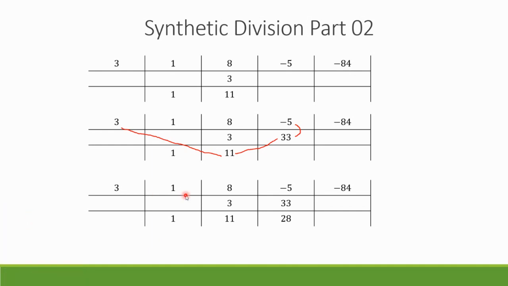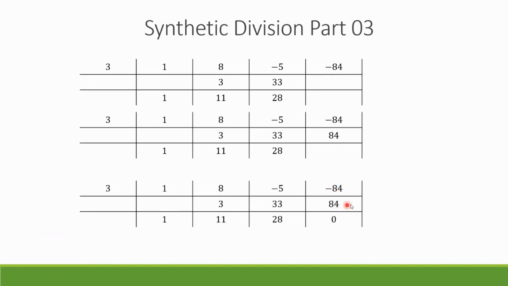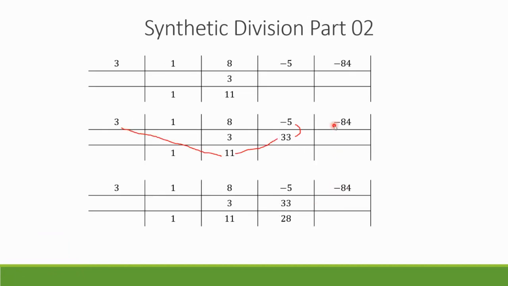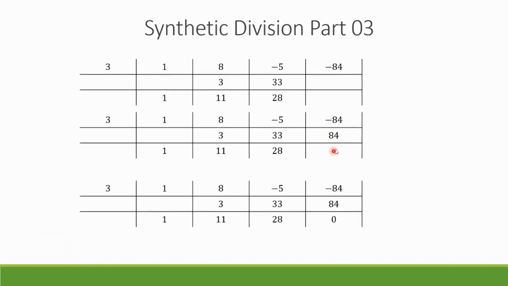Almost there. So 3 times 28, that's 84. That's what goes here. And then what goes in this box? You just add the two. You add these two numbers, you get 0.